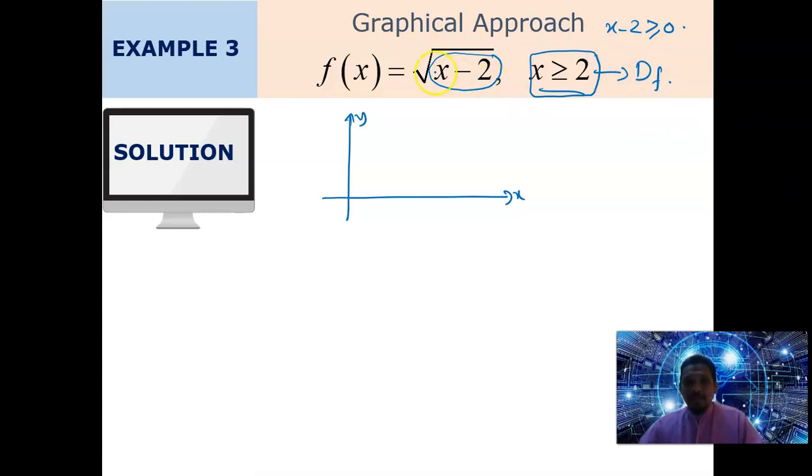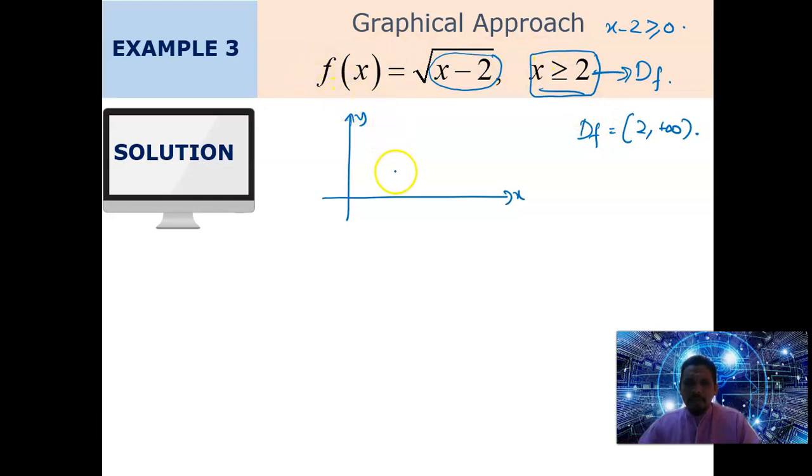Again class, if they give you additional information here where x is greater than or equal to 2, automatically this is the domain of this function. So if they ask you what is the domain of this function, the domain is 2 to positive infinity.